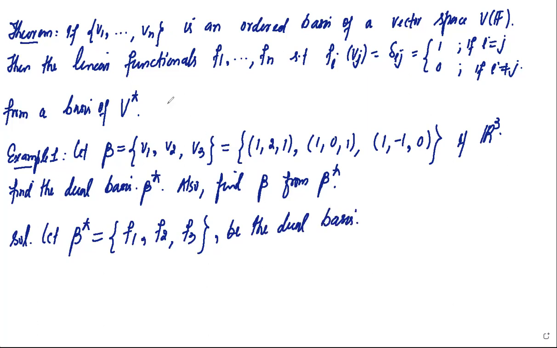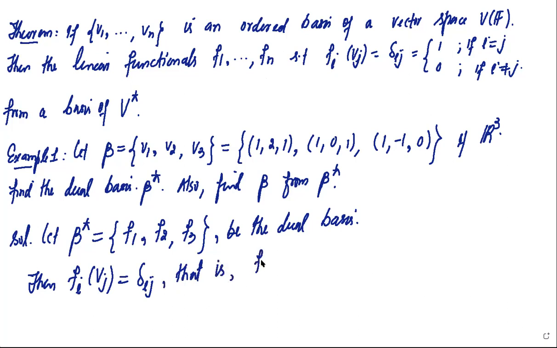Then by this definition of these linear functionals, Fi of Vj will be equal to delta ij. So that is what we will get.